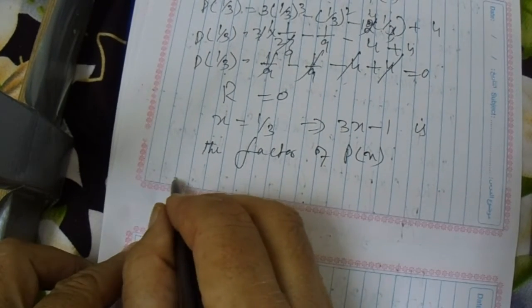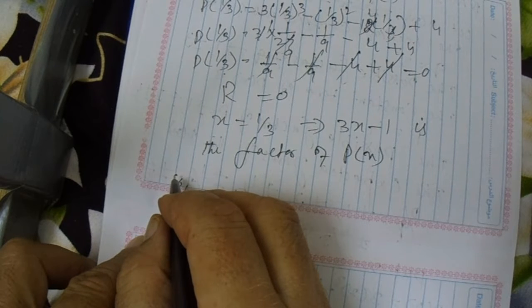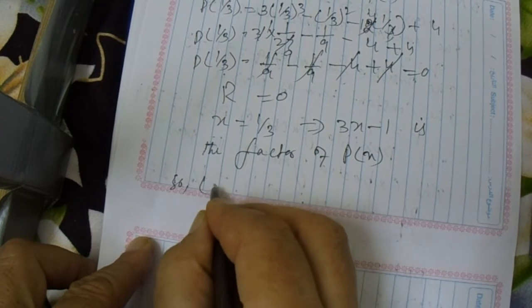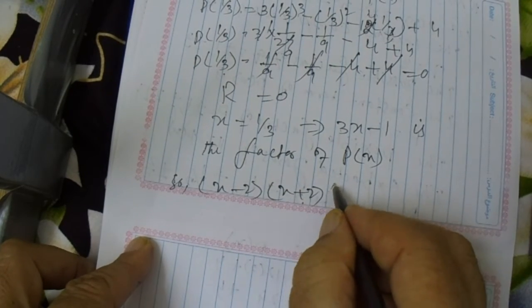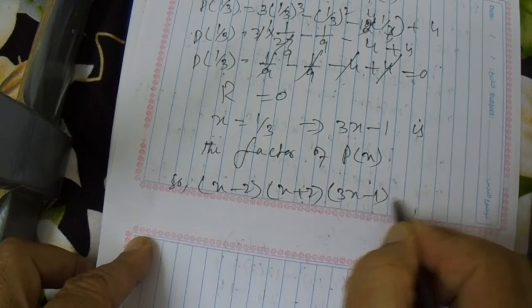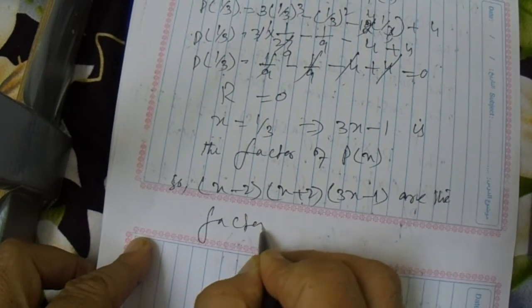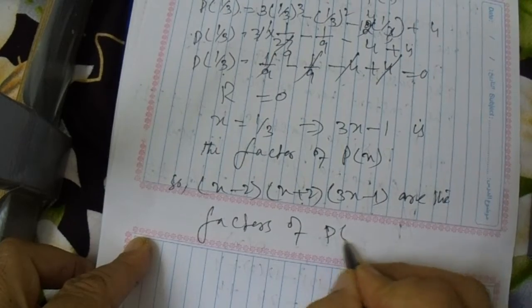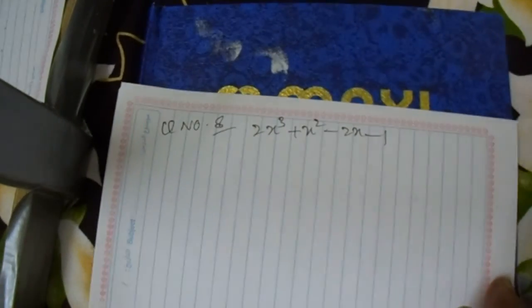So x − 2, x + 2 and 3x − 1 are the factors of P(x). Now this is the question we have. Now question number 8.